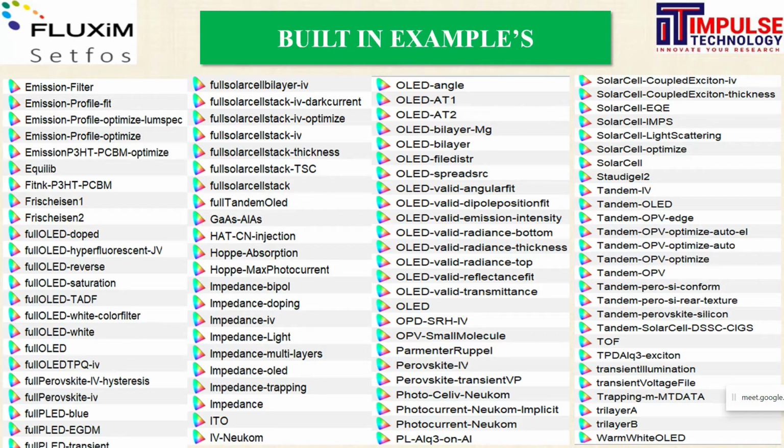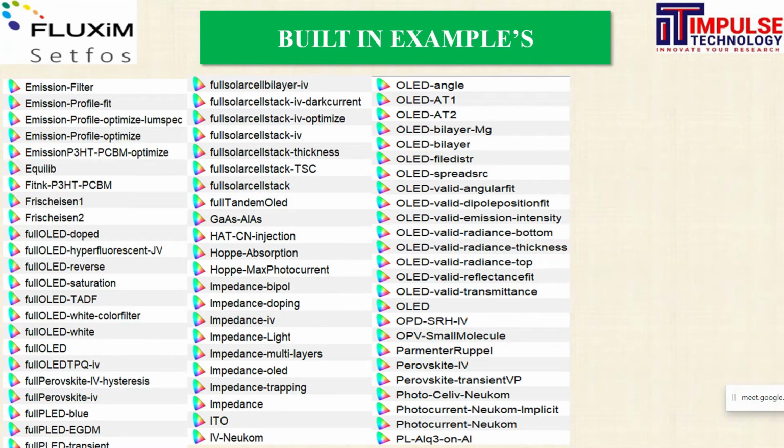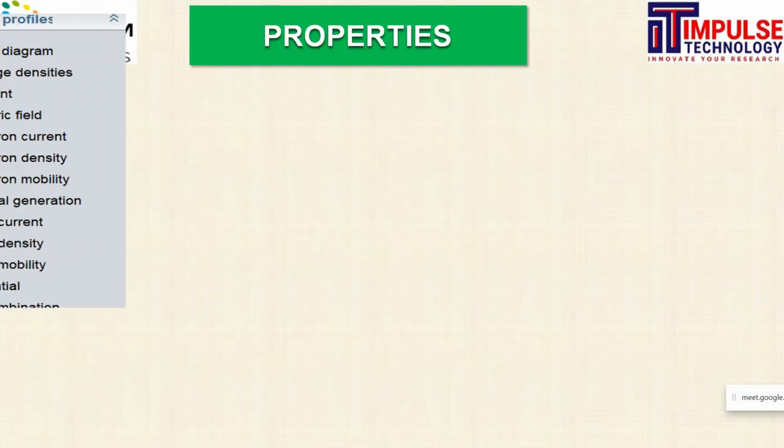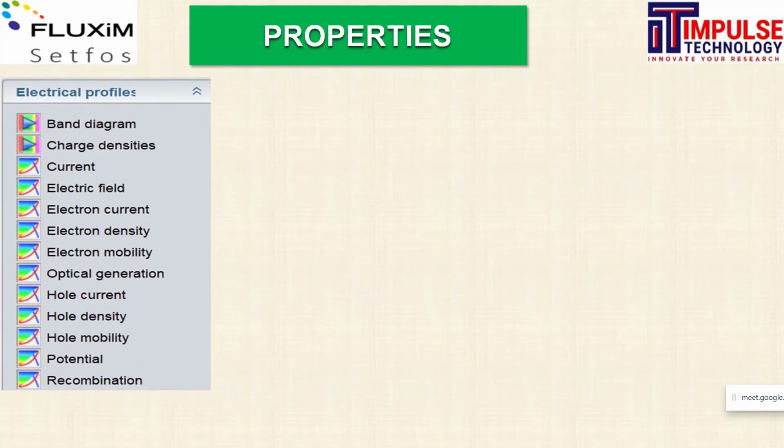Under reverse conditions, saturation conditions, TADF, high fluorescent, perovskite devices, perovskite LED, trapping, transient, all these examples are there. So you can open an example, learn from it, and start working on improvements in solar cell modeling and simulations.